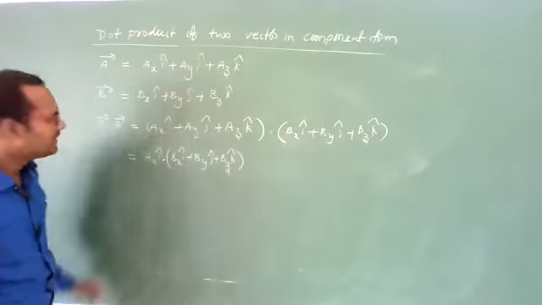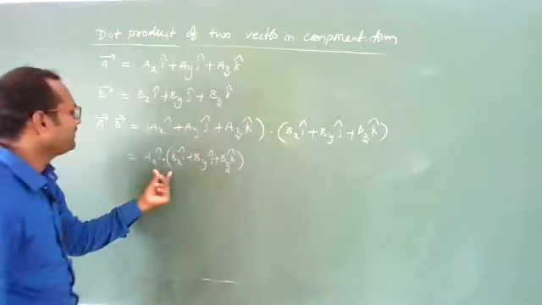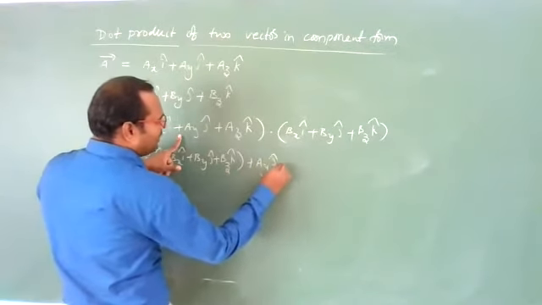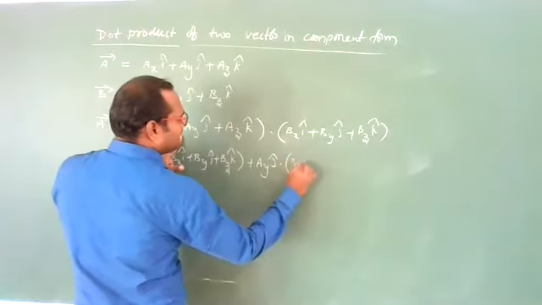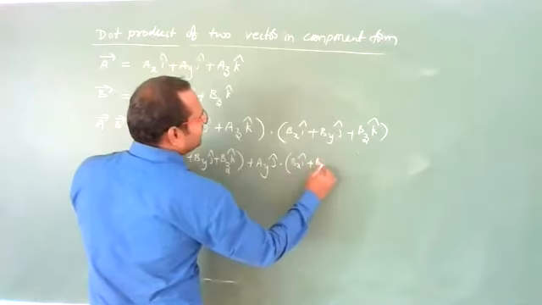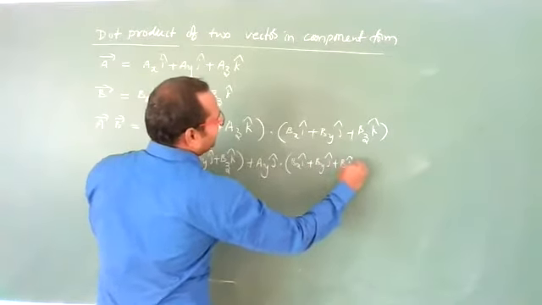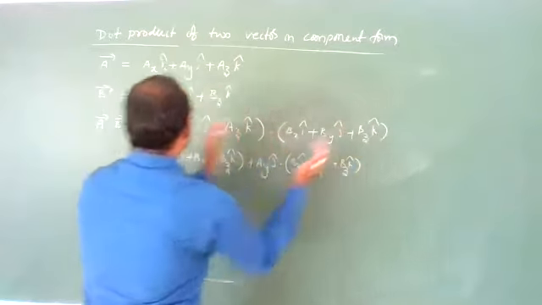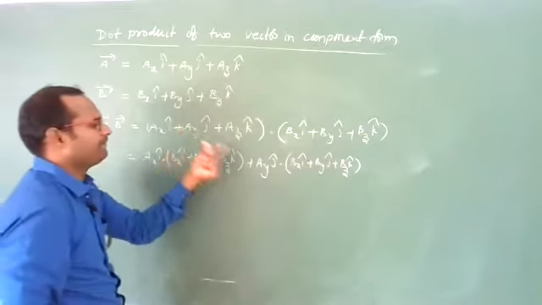Are you understanding? With ax i cap I have multiplied this with the dot product. Next, plus ay j cap dot again the b vector, bx i cap plus by j cap plus bz k cap. Are you understanding what I am doing? First this total vector I have multiplied with ax, again this total vector multiplied with ay.